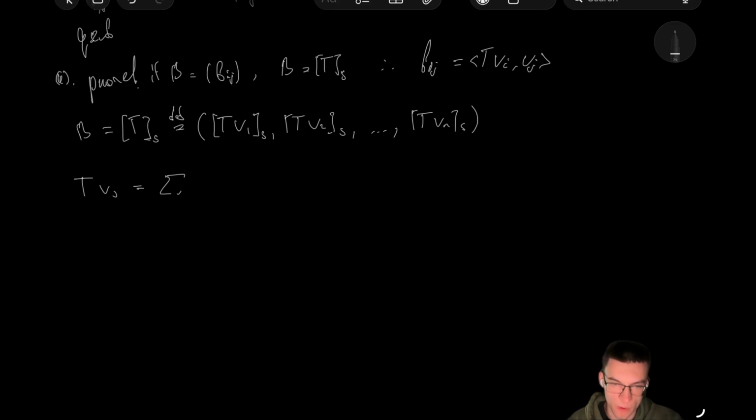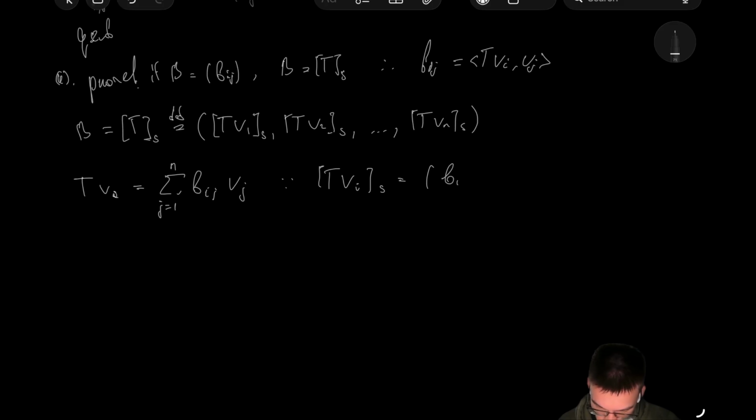It can be the sum of Bij and vectors Vj, from 1 until n. Because this is exactly how it is represented, since we know that TVi is just the column vector Bi1, Bi2, and so on.